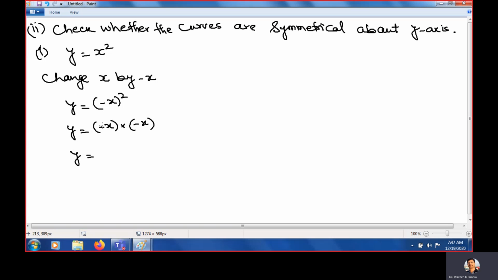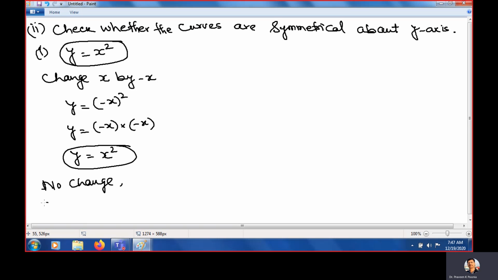If you multiply it, minus minus is plus, x into x is x power 2. Now you can check, both places y is equal to x square. Because there is no change, it is symmetrical about the y-axis.